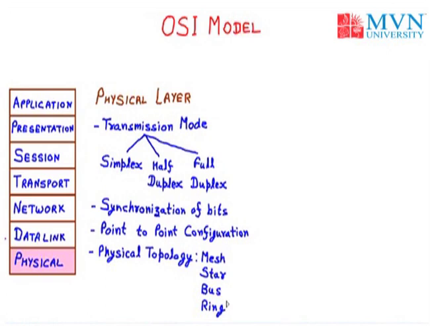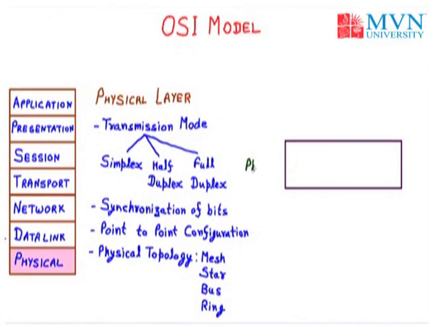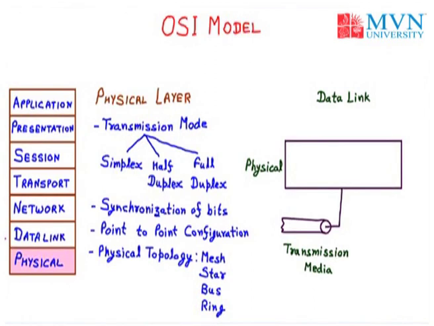Now to understand the physical layer function, let us take the example of a diagram. For example, this is my physical layer. Above the physical layer, I have the data link layer, and below the physical layer we have the transmission media. From the transmission media, we have a particular bit stream coming in. For example, we have a data stream, say 1010111010.